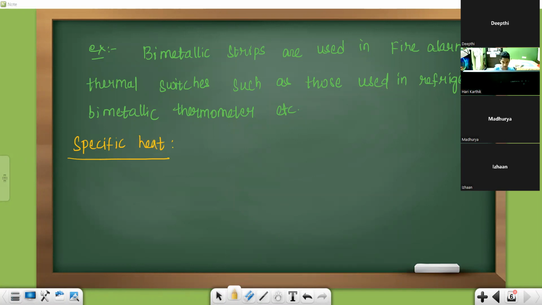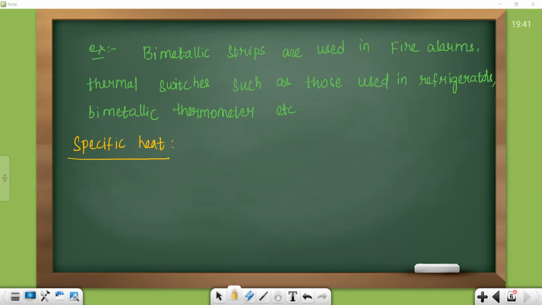Like a fixed quantity, something exactly particular. So here specific heat means the amount of heat required for a substance specifically, right?